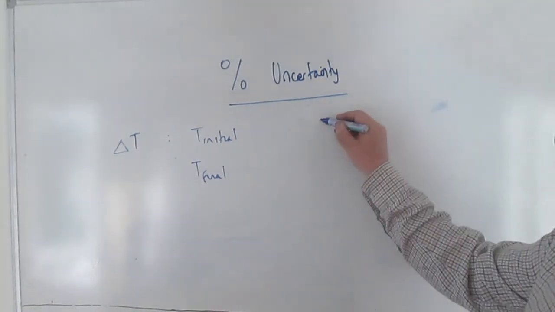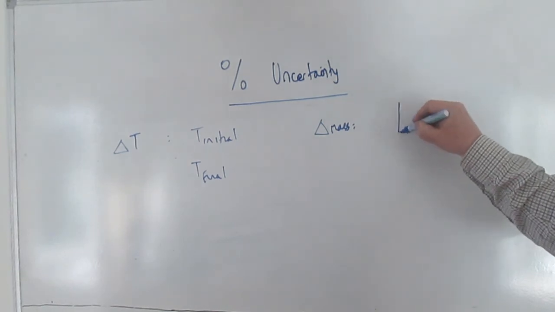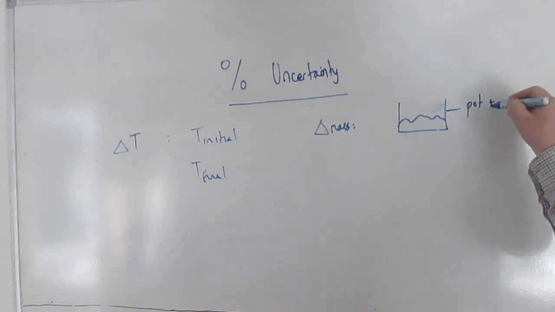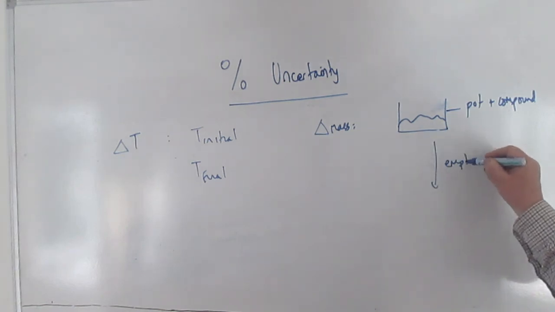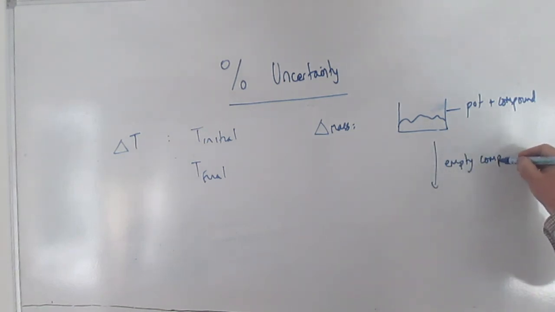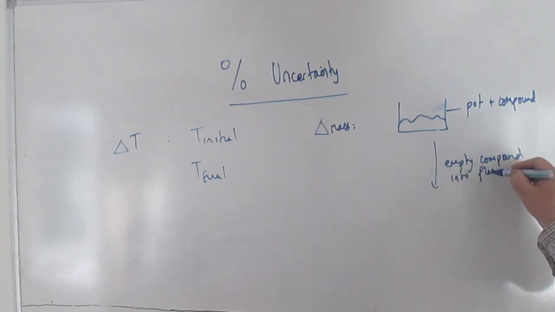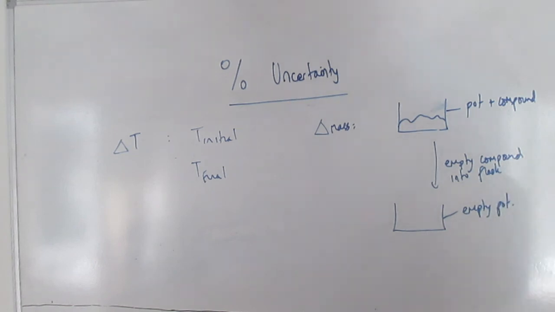mass, where you have, for example, a situation where you have your pot plus compound, which you weigh, and then you empty the compound into the reaction flask or whatever, and then you weigh the empty pot. And that's the standard way to get the mass of the compound that you used.